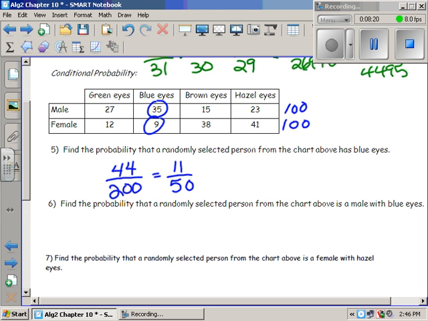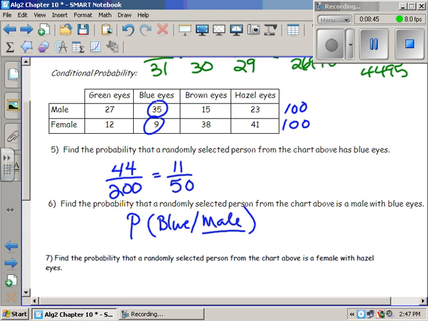Okay? The probability that a randomly selected person from the chart above is a male with blue eyes. So we're asking for the probability that a person has blue eyes given that they're male. Okay? Well, the first thing you do is calculate the probability that it's male.